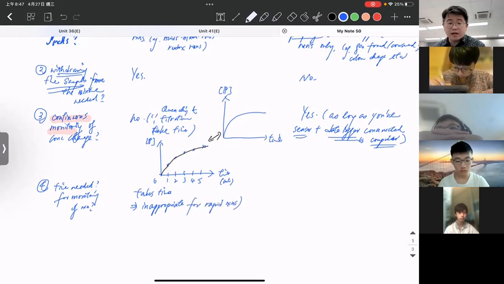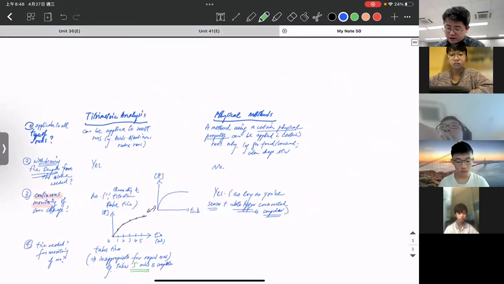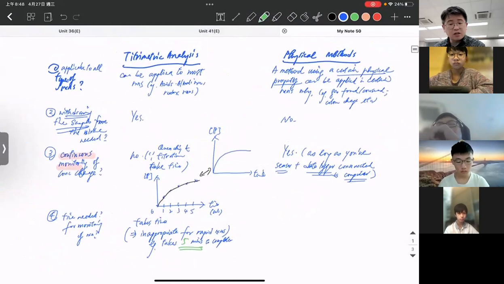So what is said to be rapid? For example, the reaction takes 10 minutes to complete or 5 minutes to complete. So you may find the whole procedure too fast. But if you find that it's 5 minutes, if applied to a physical method, you may find that, yes, this one seems to be more possible.